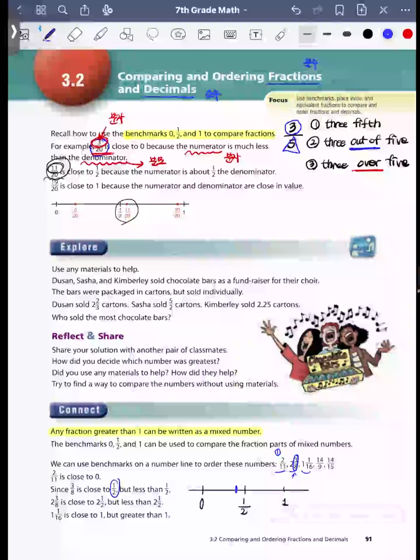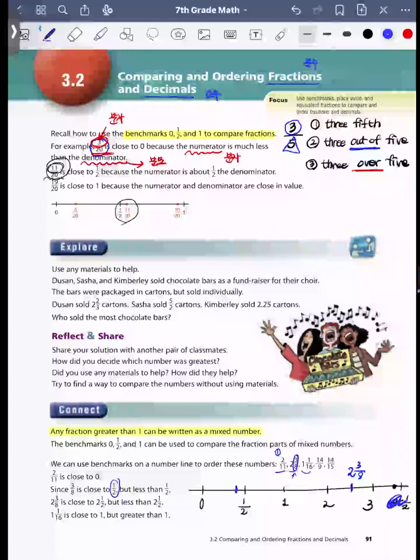But now that we have 2 and 3/8, we can say that this fraction over here is close to 3 plus 1/2. Oh, sorry, my bad. It's closer to 2 plus 1/2. So it should be somewhere around here, right?